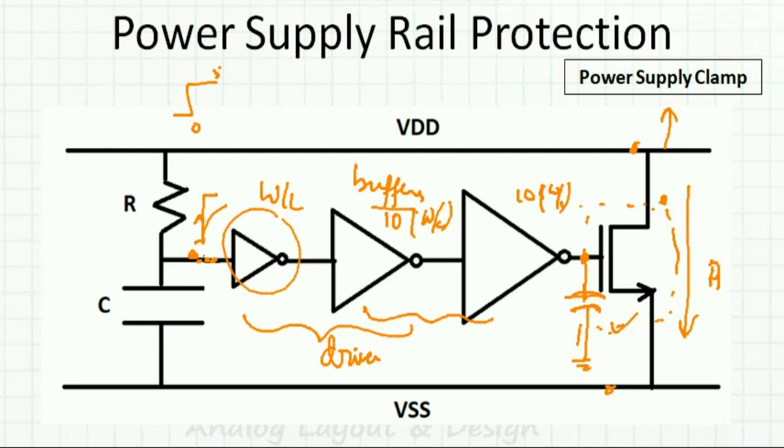So you will see a 10 times increase, so that this is a driver buffer. And this one need not always be a MIM cap. It can even be a MOS cap like this, where the bulk is also connected to ground and the gate is connected to this. So the general idea is what is explained in this.